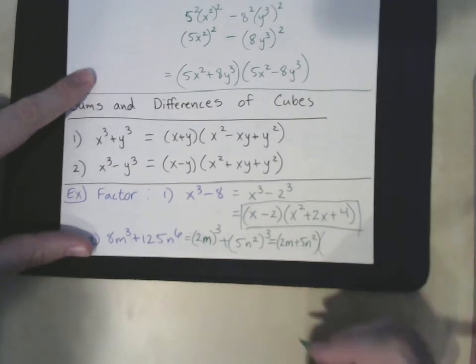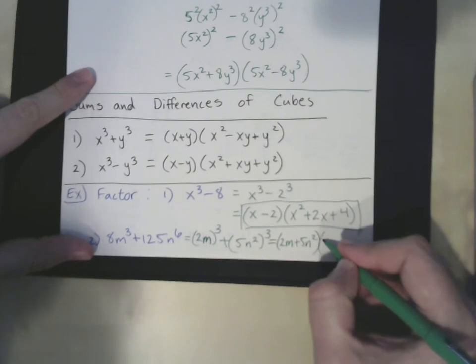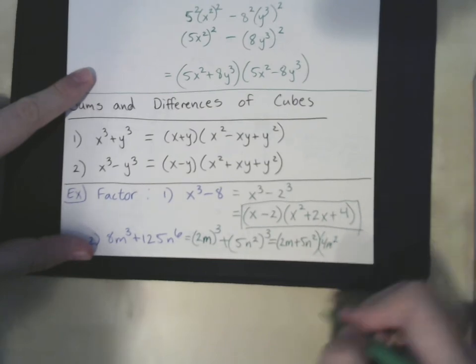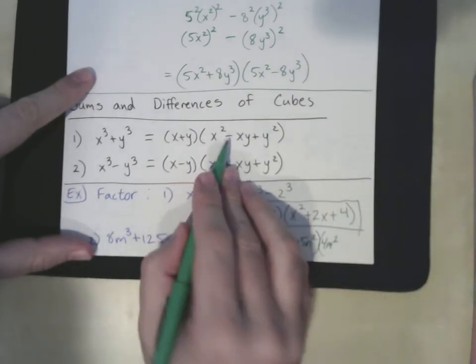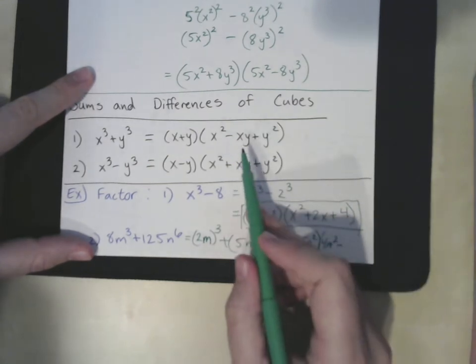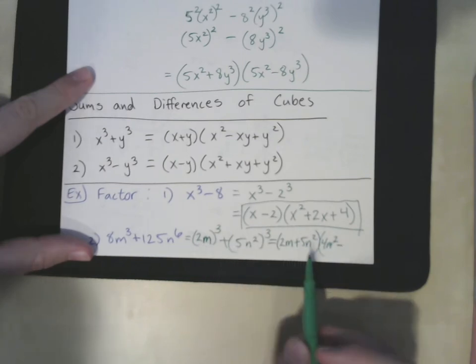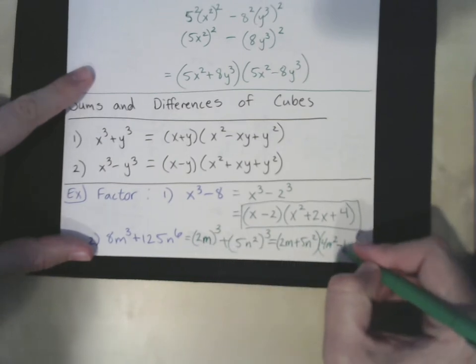Let's see if I can squeeze it in. And then it's going to be 2m squared, which is 4m squared. This one gets the minus. And then it's x times y, so 2m times 5n squared is 10.